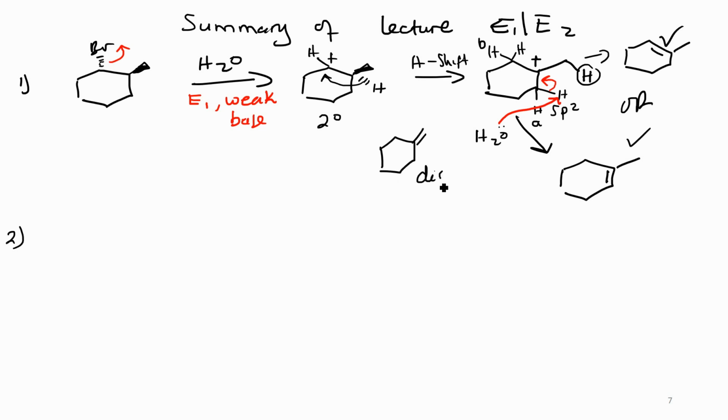This is di-substituted. The double bond is bonded to two carbons, but these two are the same. They are tri-substituted. I see that carbon, and that carbon. This is tri-substituted. This is the product. That's the reasoning.